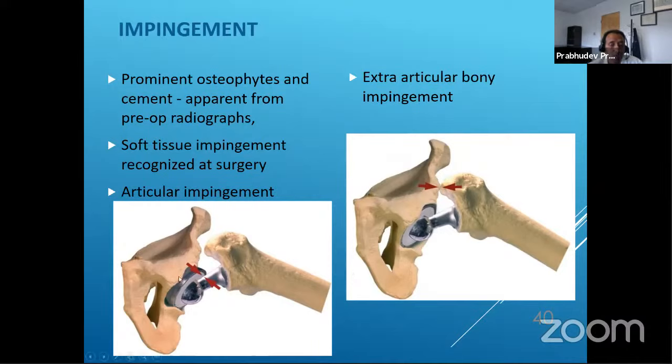Component malposition again is a cause for impingement between the articular surfaces. And again, if the proper length and offset is not restored, that is a risk factor for extra-articular impingement or bony impingement, and these need to be addressed also.